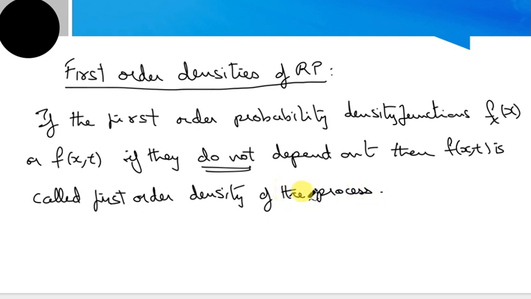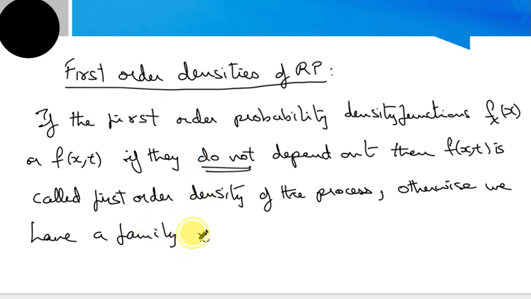Suppose it depends on t, otherwise we will have a family of first order densities, because you will have f of x t1, f of x t2 and so on. So otherwise we have a family of first order densities.